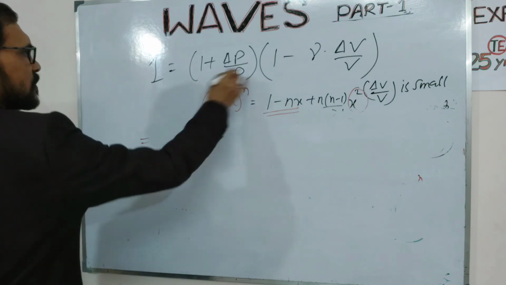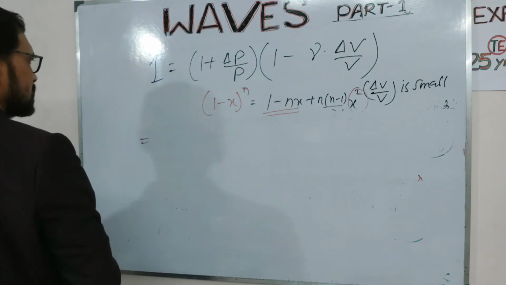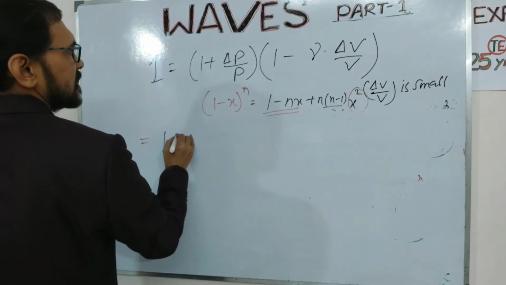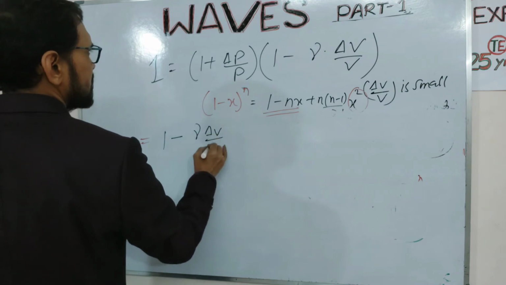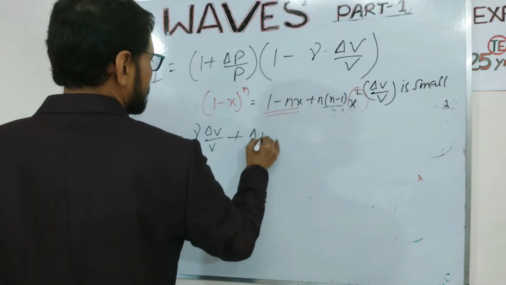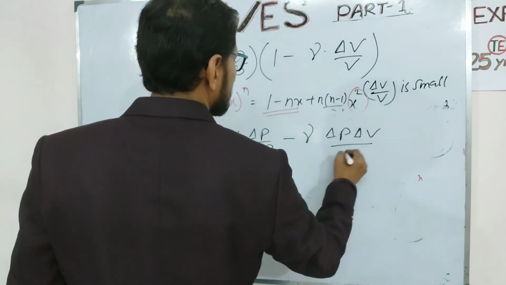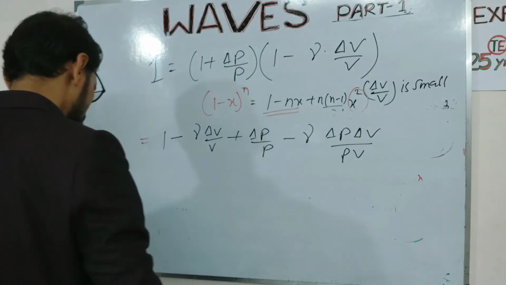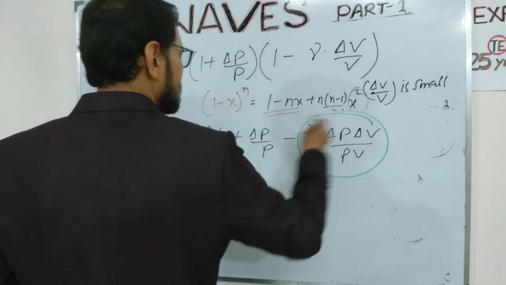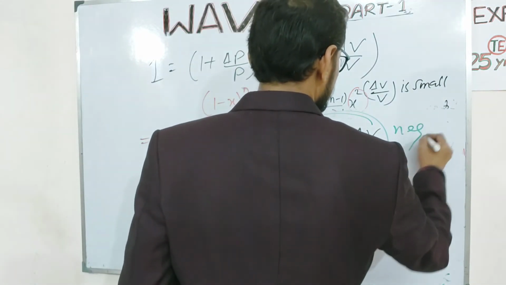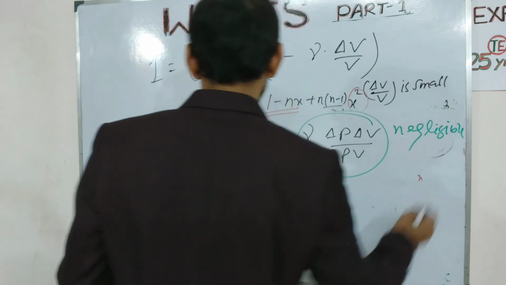Now if we multiply this, what comes? 1 minus gamma del V by V plus del P by P minus gamma del P del V by PV. Now this is negligible.